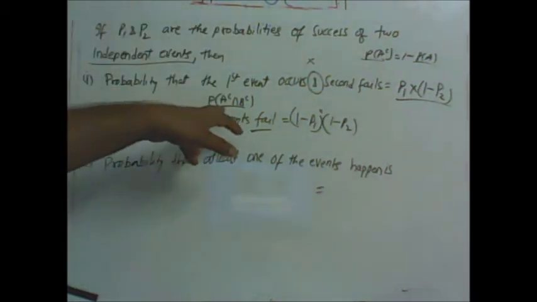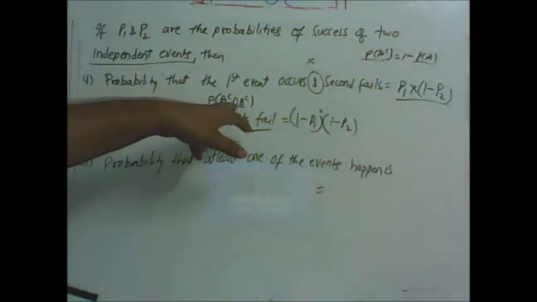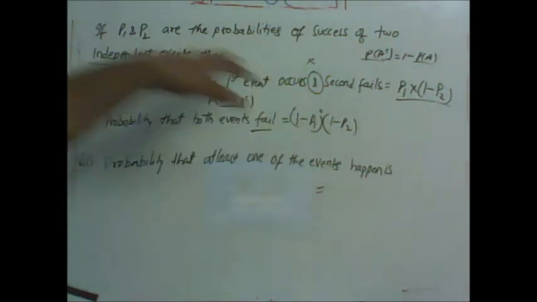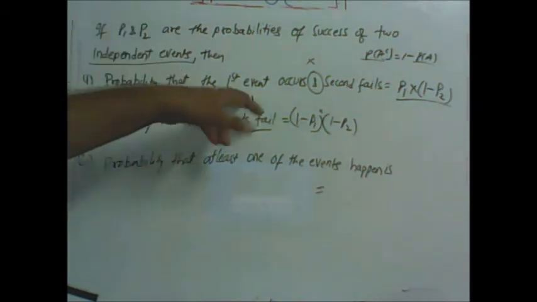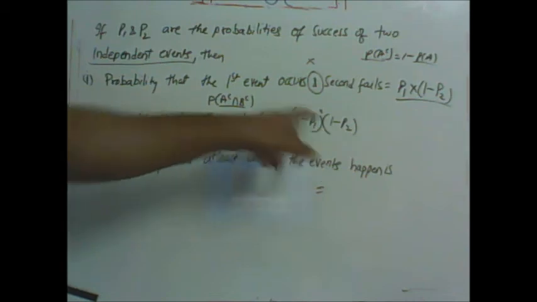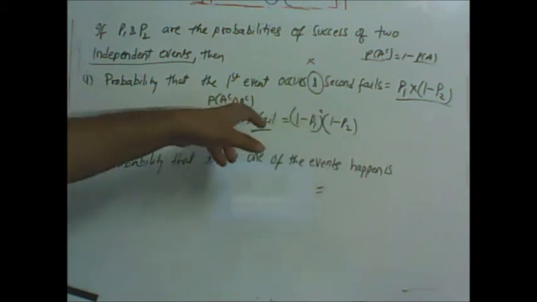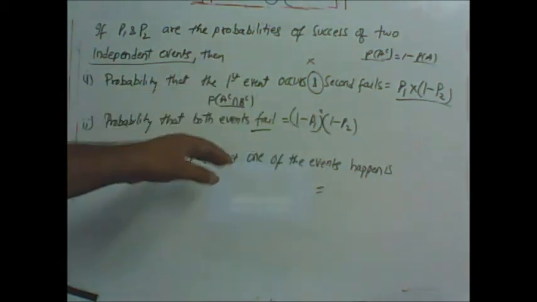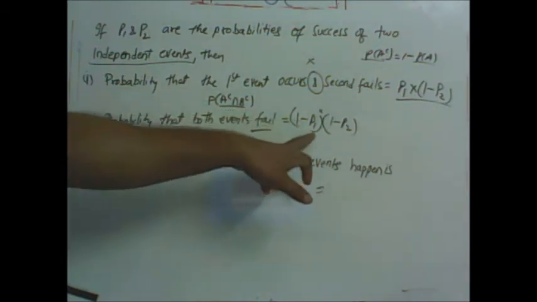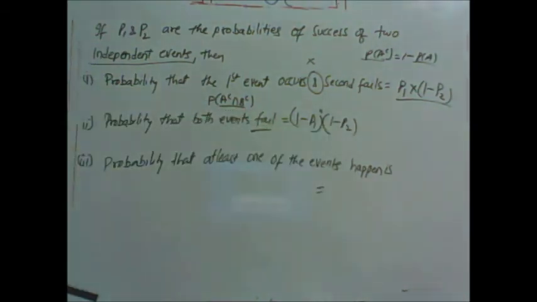We have already studied that for two independent events, when the intersection is given, the answer is the multiplication of their probabilities. P of A complement is 1 minus P1, and P of B complement is 1 minus P2. So, as A complement and B complement are independent, P of A complement intersection B complement will be 1 minus P1 into 1 minus P2.